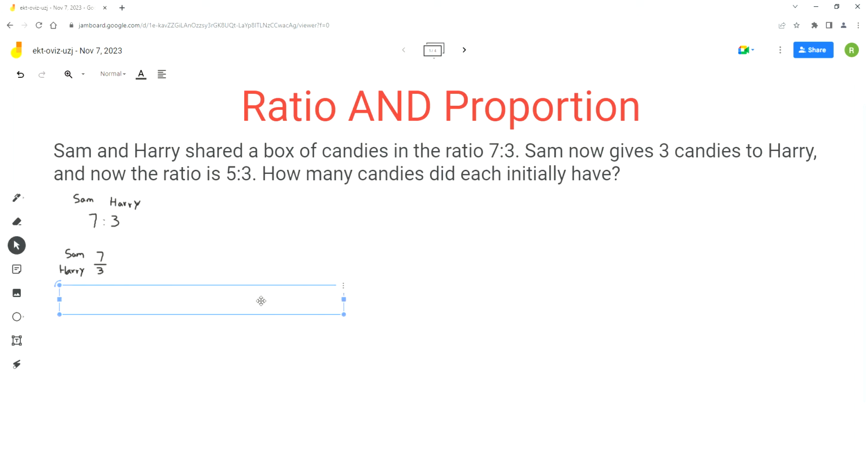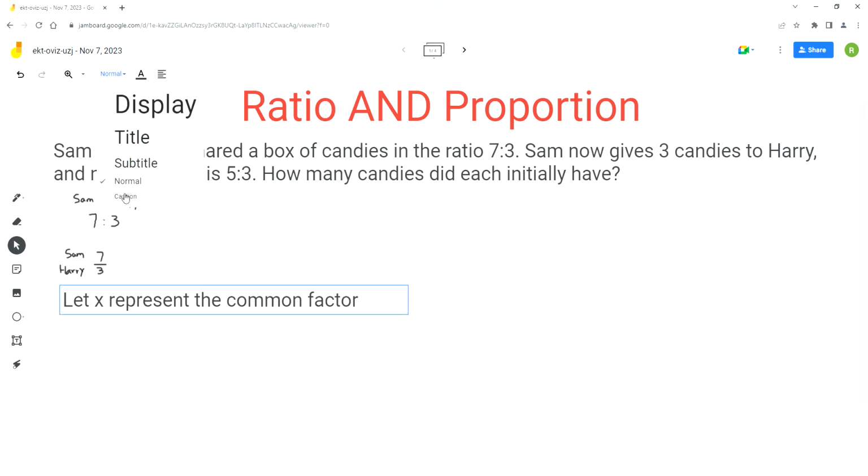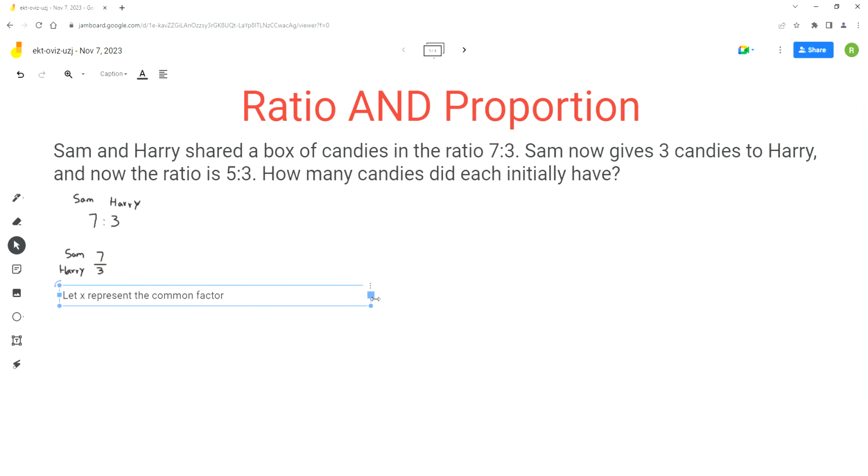Let x represent the common factor for the fraction for number of candies.